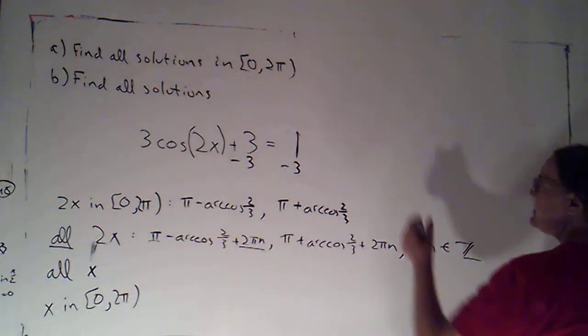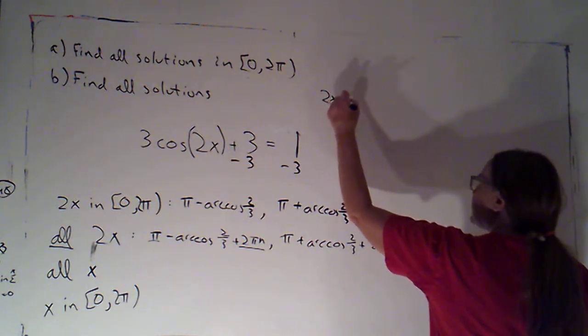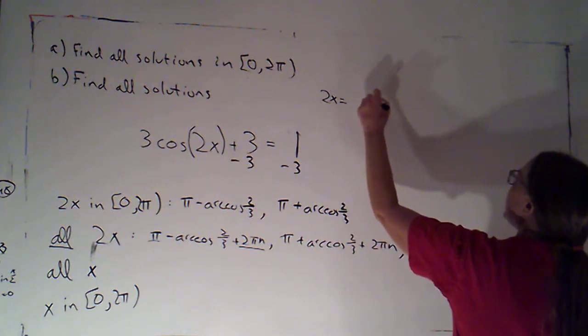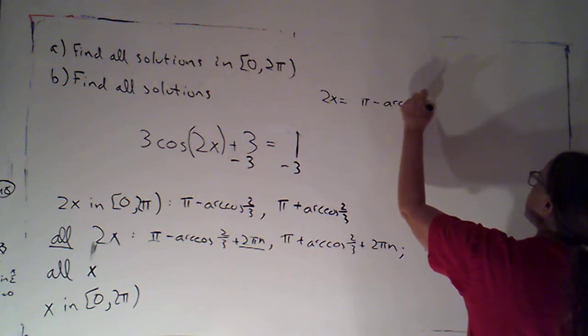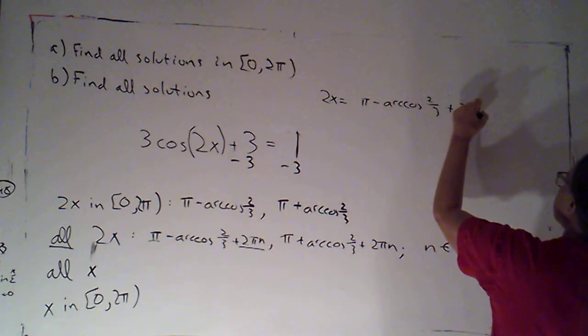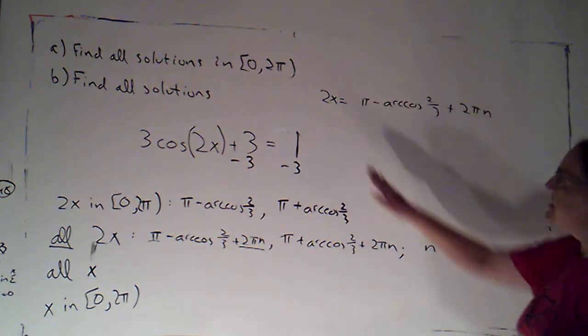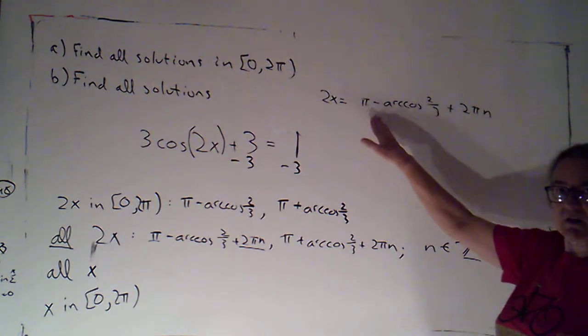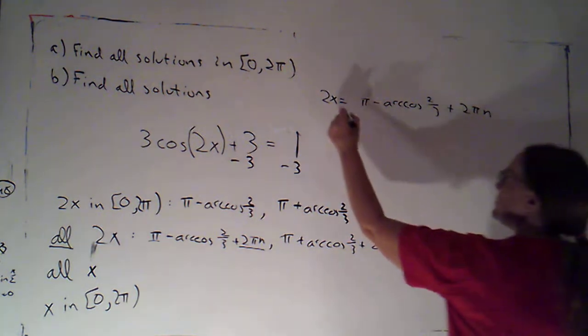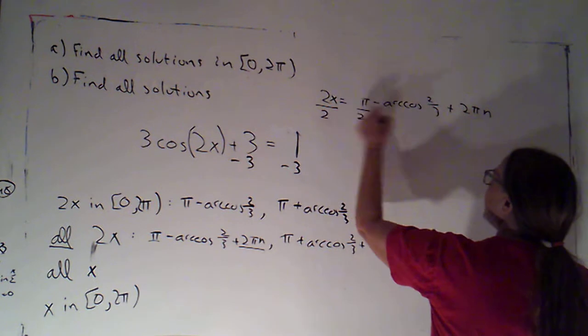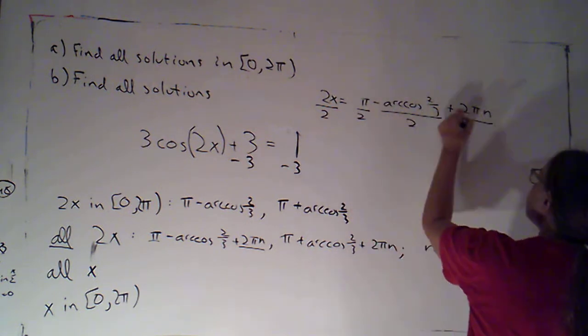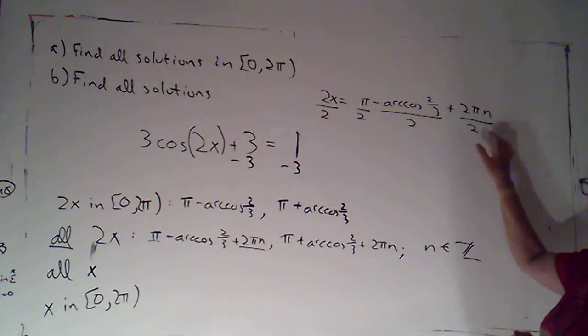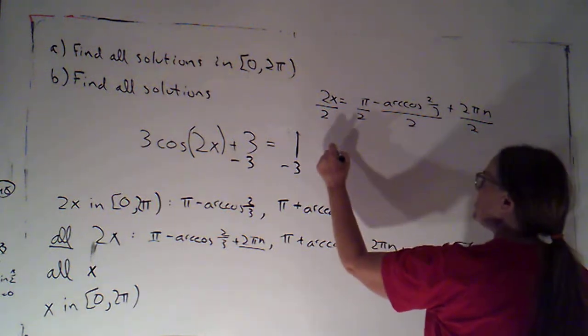Well, all I'm going to do is say if 2x was pi minus arc cosine of 2/3 plus 2 pi n, to figure out what x is, I'm just going to divide through by 2. I just need to be careful. Every single term on the right gets divided by 2.